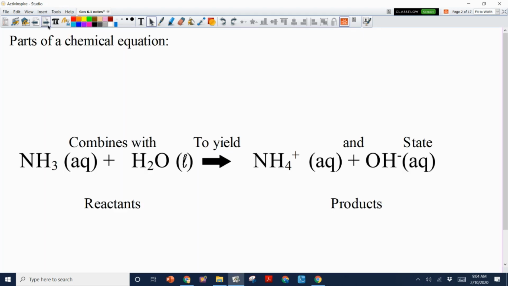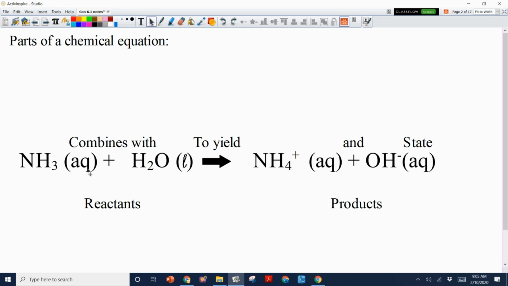All right, so before we talk about the 5 basic types of chemical reactions, let's talk about the parts of a chemical reaction or equation. Here we have NH3. That is the chemical symbol for a compound called ammonia.